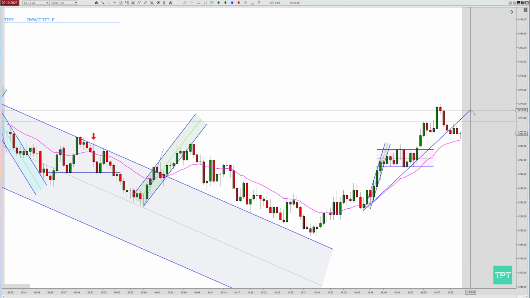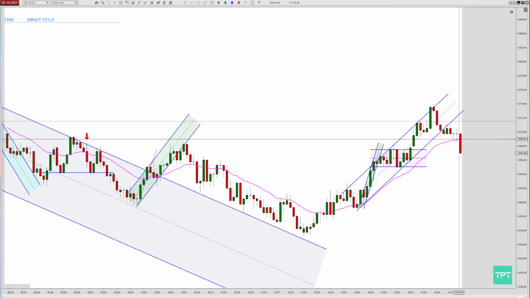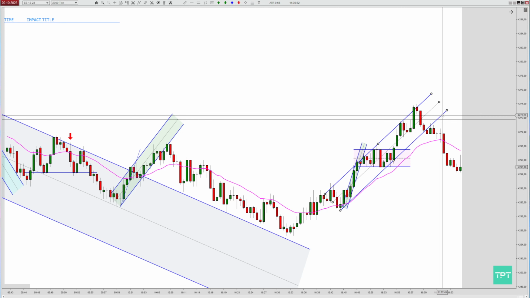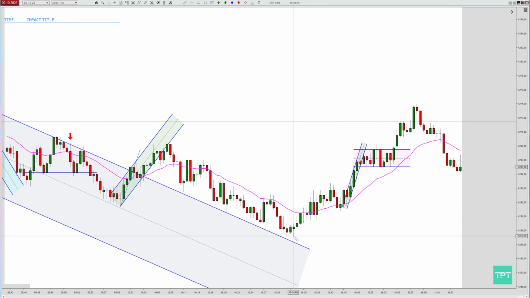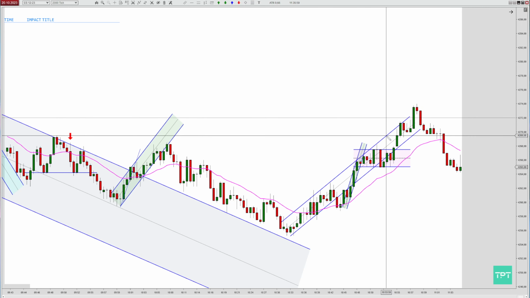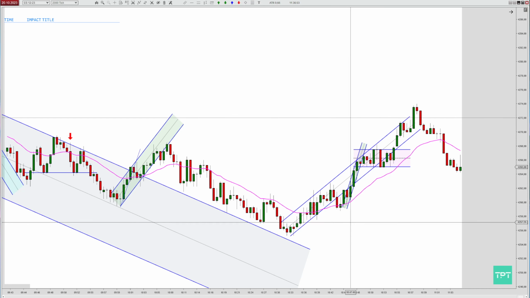So maybe it's something like this. Getting a first potential break and dropping much lower here. So this channel was also not right. So maybe we just play it like this with a first break retest of the extremes.